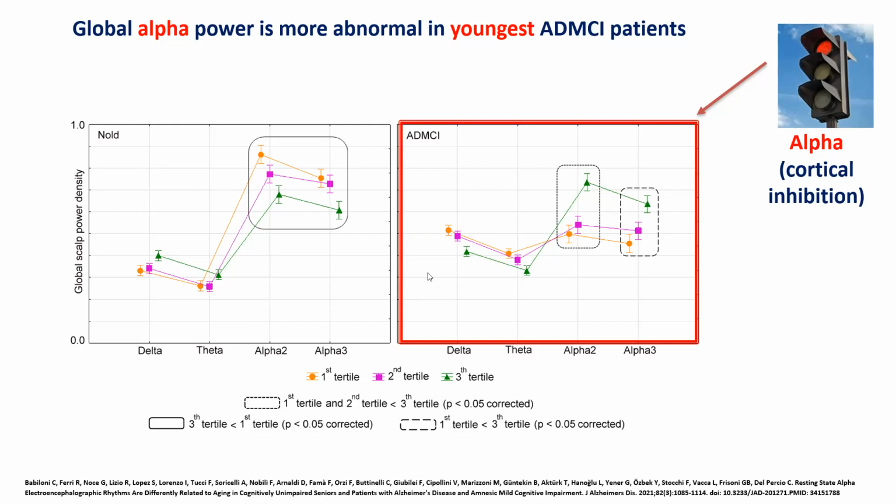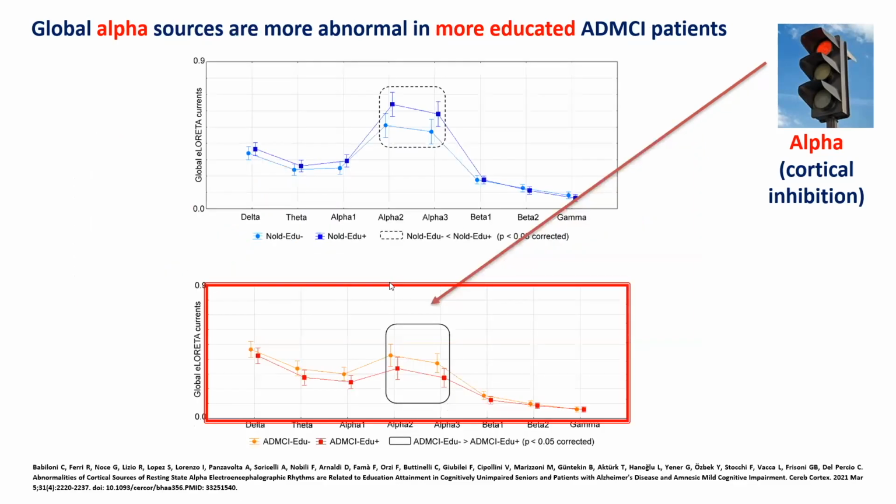And you see that also the years of formal education are related to the generation of alpha rhythms and regulation of vigilance. At the bottom you have in red Alzheimer's disease MCI patients with a higher education in comparison with Alzheimer's disease patients in orange with lower education.